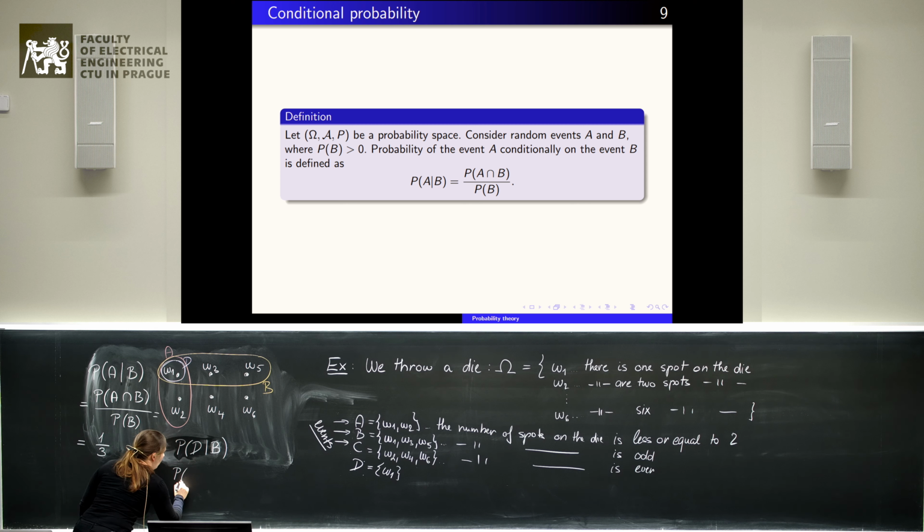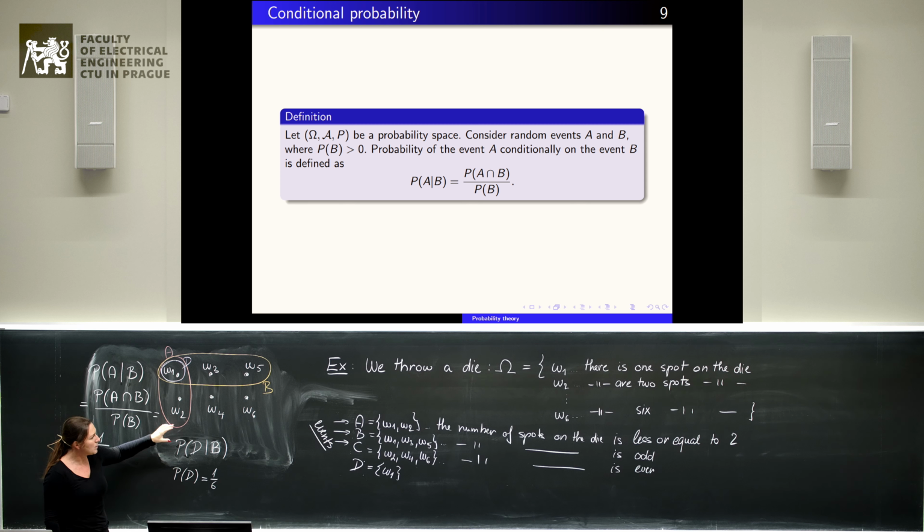At the beginning, when we have no information about whether the number of spots is even or odd, the probability of the event D is equal to 1/6. Only one possibility from 6 possibilities.